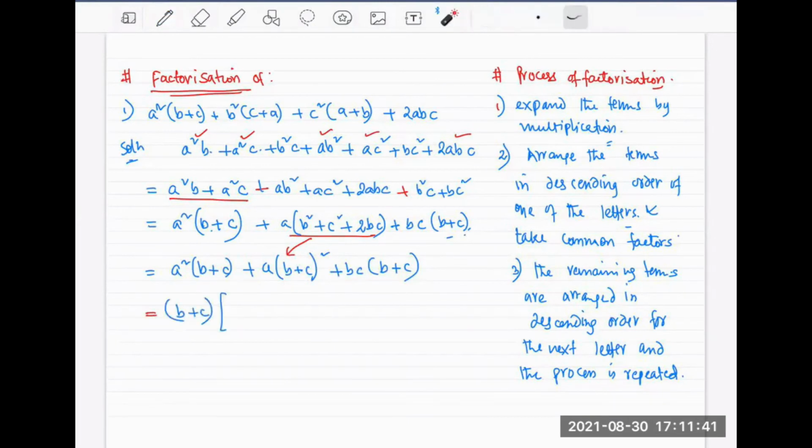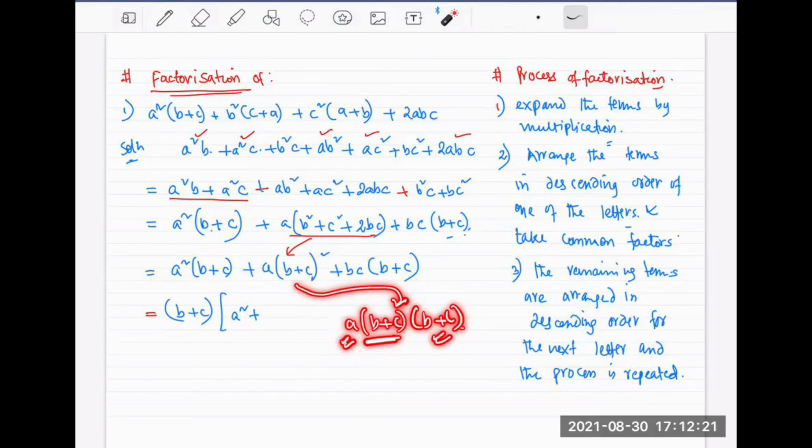Remaining terms: if I take out b plus c from here, a square is remaining, plus. Since there is a b plus c whole square, that means a whole b plus c, b plus c. I can express this part right here into two parts, b plus c whole bracket, b plus c whole bracket. What are we taking out as common factor? We are taking out only b plus c. What is remaining? A is remaining, and one b plus c is remaining.